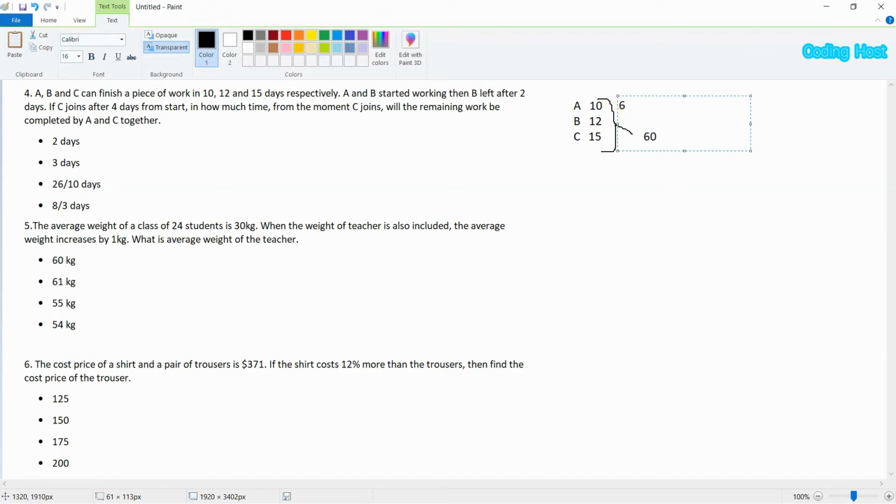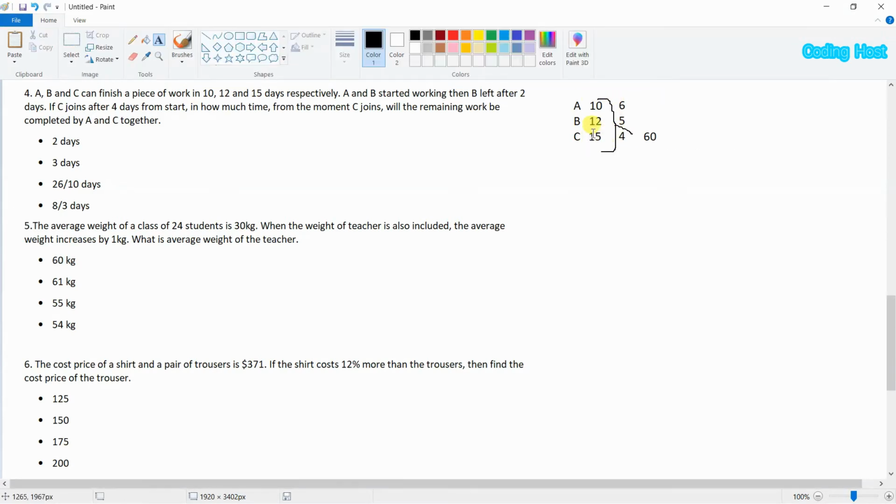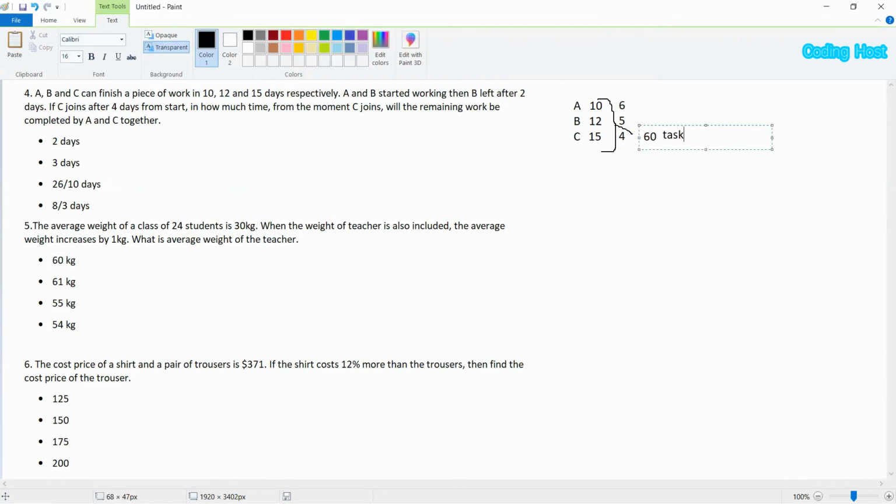After that, the efficiency of B: we divide 60 by 12 and get 5. So the efficiency of B is 5. And the efficiency of C: 60 divided by 15 gives 4. These are the number of days when they do the task alone, and this is our task. So they have to do 60 tasks.